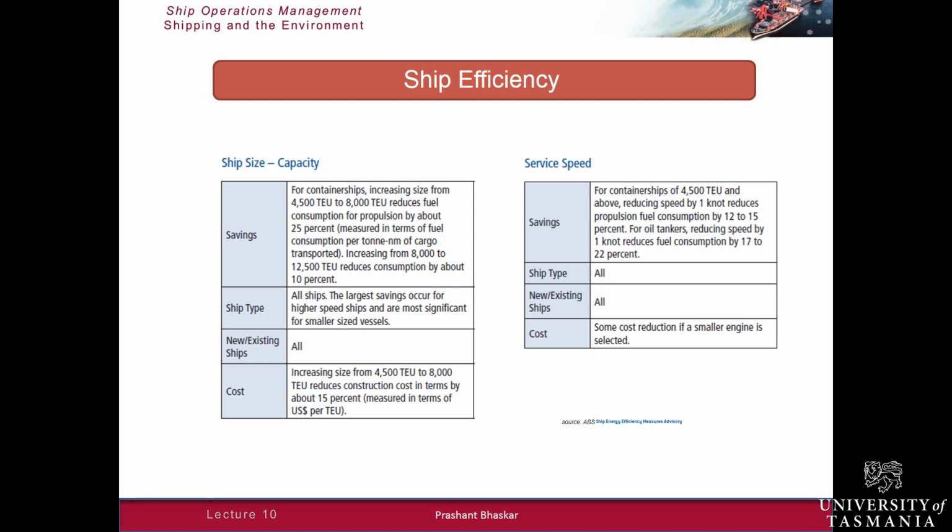As you can see from reading the left hand side of the slide, significant reductions in fuel consumption per TEU transported can be realized through economies of scale of employing larger capacity vessels. So, in other words, the bigger the ship, the less fuel per TEU is burnt.